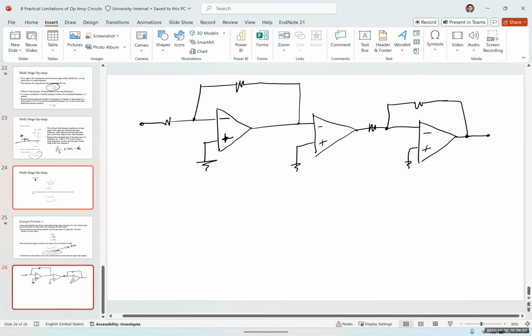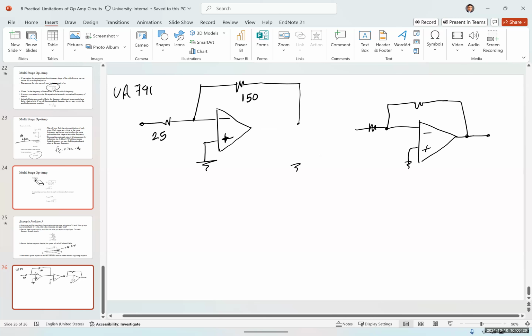So all of them are identical. All op amps are a UA741. This is 25. This is 150. I forgot one part.